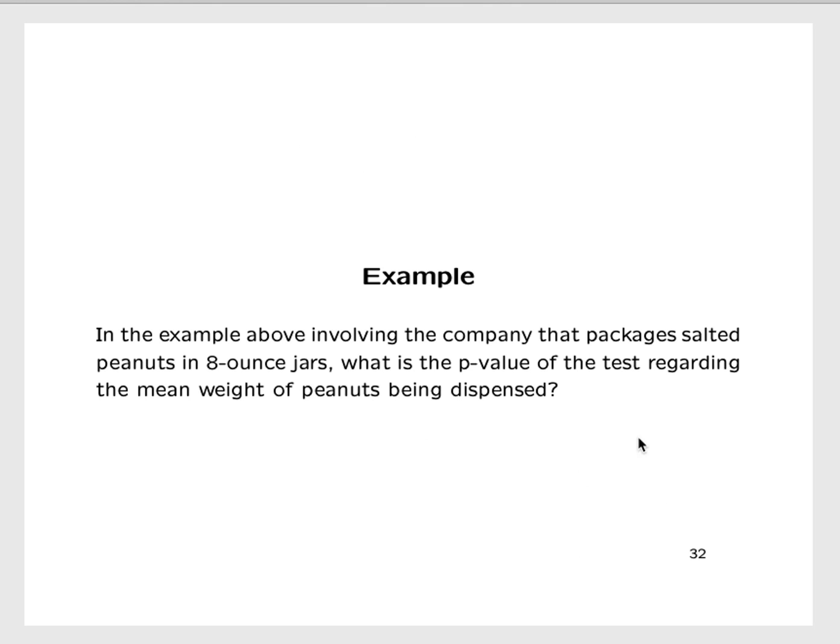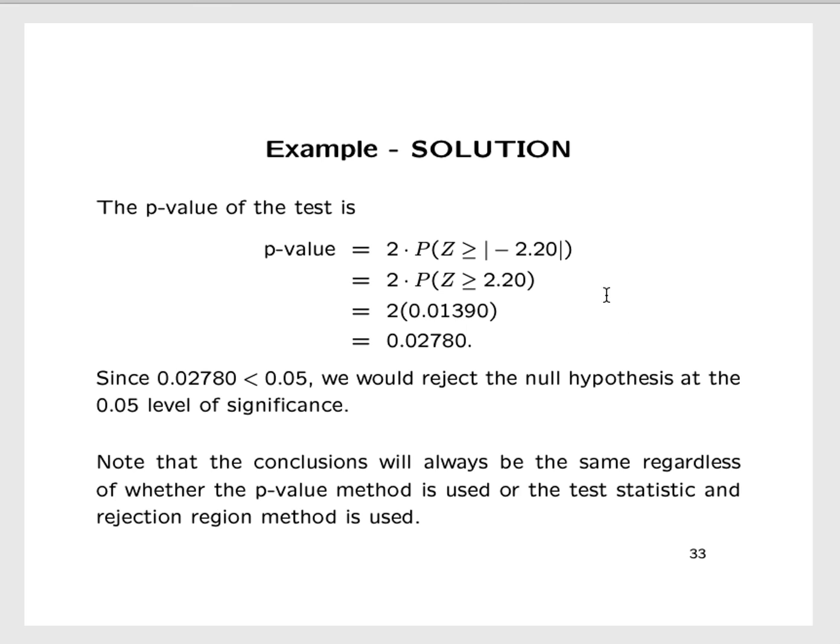So going back to the example that we just looked at, involving the company that packages salted peanuts in 8-ounce jars, what is the p-value of the test regarding the mean weight of peanuts they dispense? Well, this is a two-tailed test, and so the p-value is equal to 2 times the probability that the standard normal random variable is greater than or equal to the absolute value of the standardized version of the test statistic.